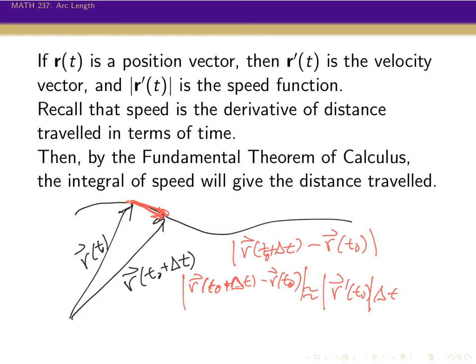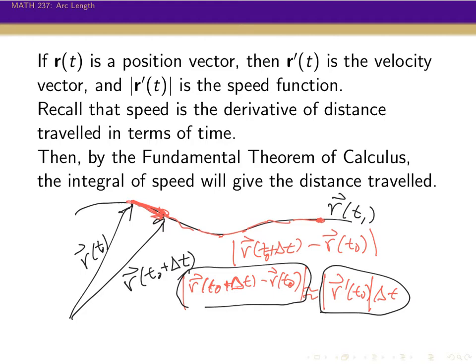If I want to do this over and over again, from there to there, there to there, up until some other point, say r of t1, we could then do a Riemann sum. It would add up a bunch of segments that all look like this and are all about equal to that.